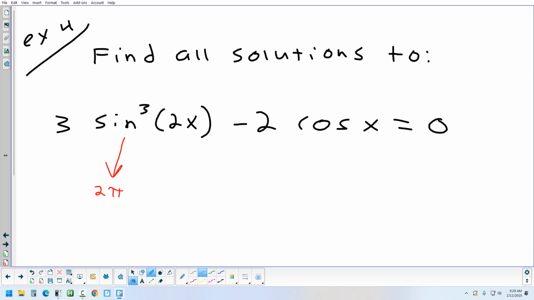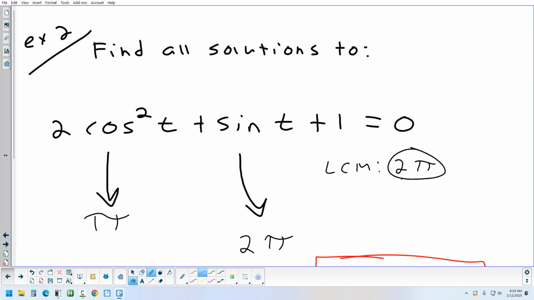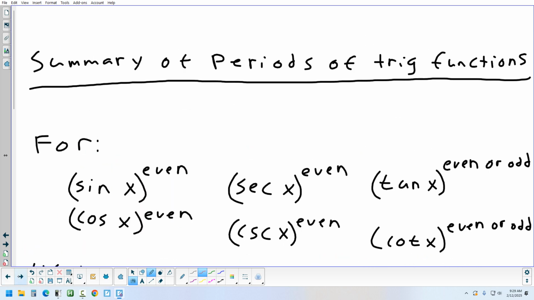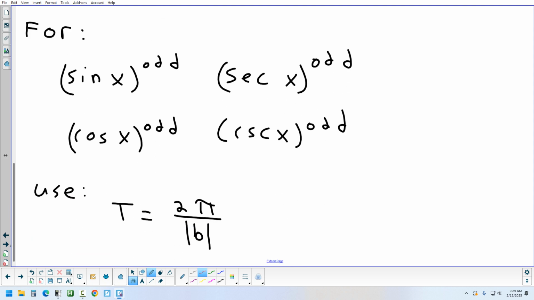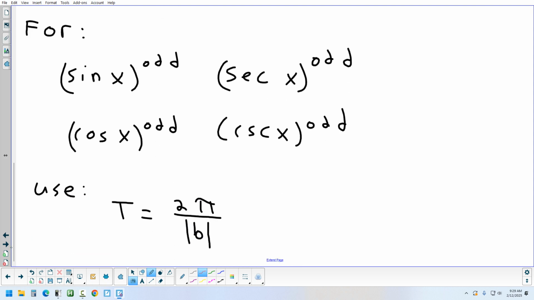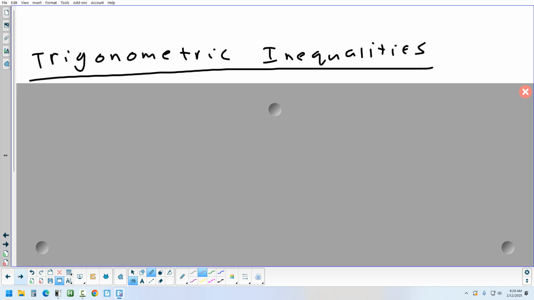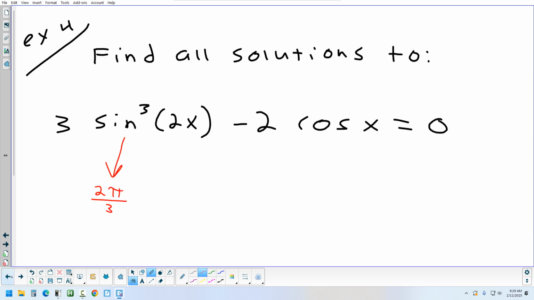Right, let's go back here for a second. Sine to an odd power is 2 pi over b. And in this case, b is 2. Using that number right there, 2 pi over 2. So what's the period of sine cubed 2x? Pi. Yep.